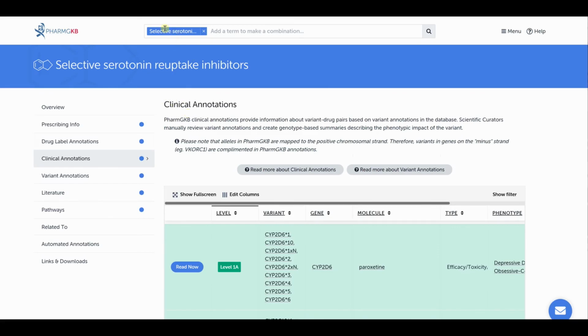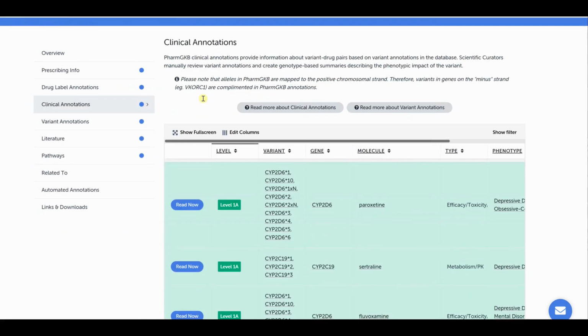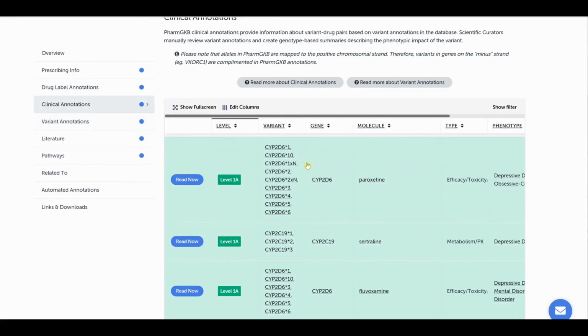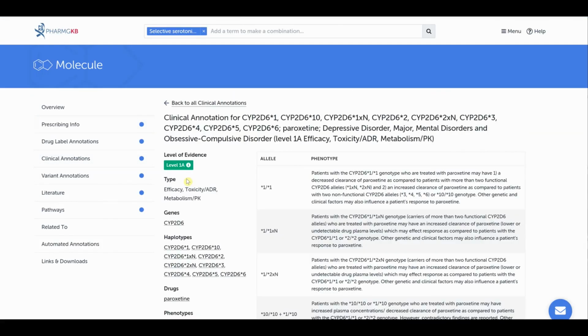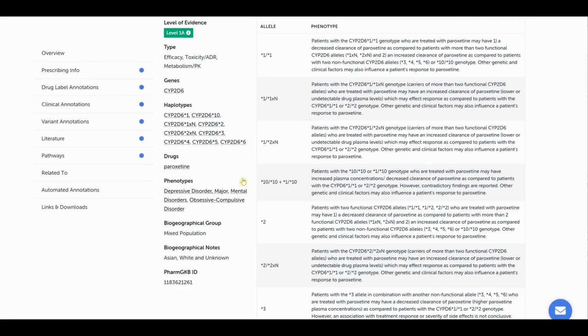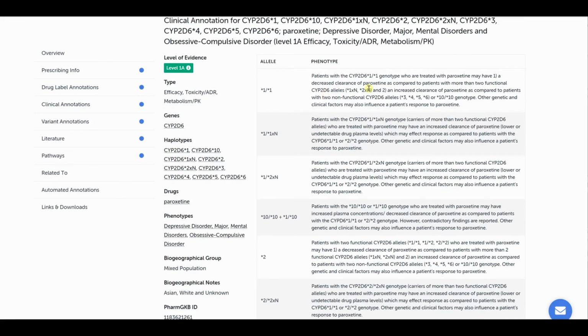So again, going back to our selective serotonin reuptake inhibitors search that I showed you before, clicking on clinical annotations, we see here paroxetine and CYP2D6. If you click read now, it takes you into essentially the area that shows you all the information that we needed to get before. So basically it shows you a phenotype here based on each of the genotypes.